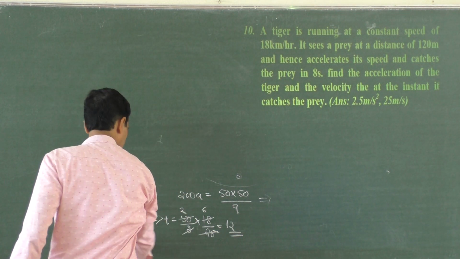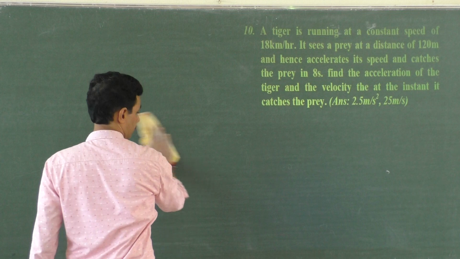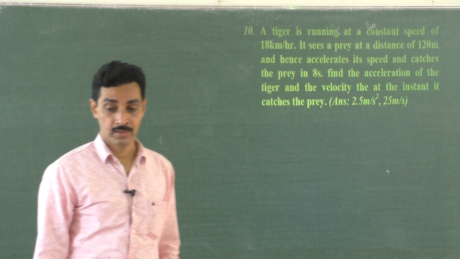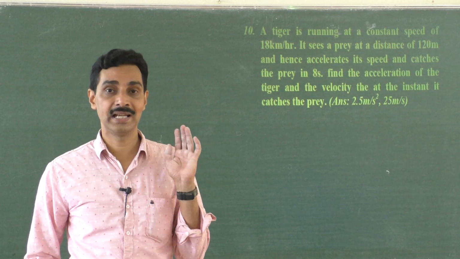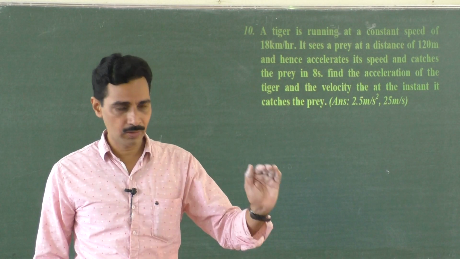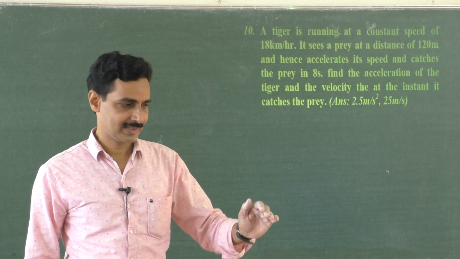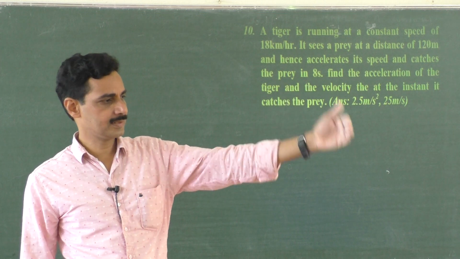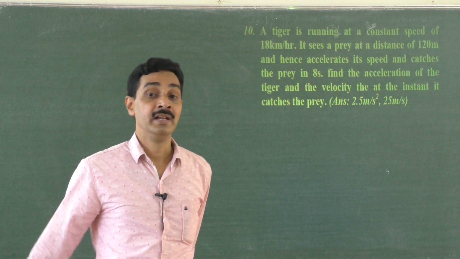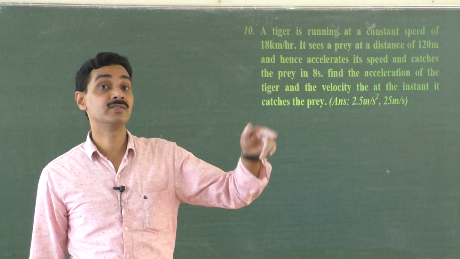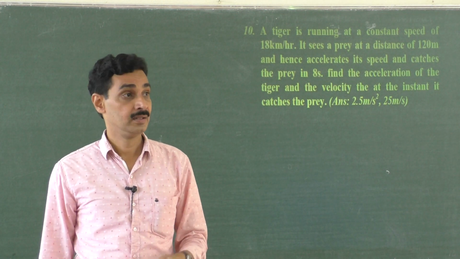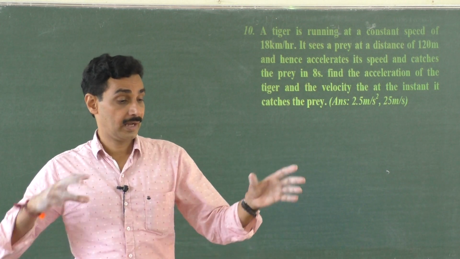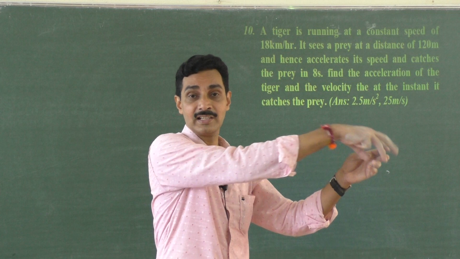Nothing is told about the prey, so let us assume it is not moving, just grazing grass and at rest. So the tiger has to run and catch it. Imagine a situation where the prey, for example a deer, is also running and the tiger has to run faster and catch it.